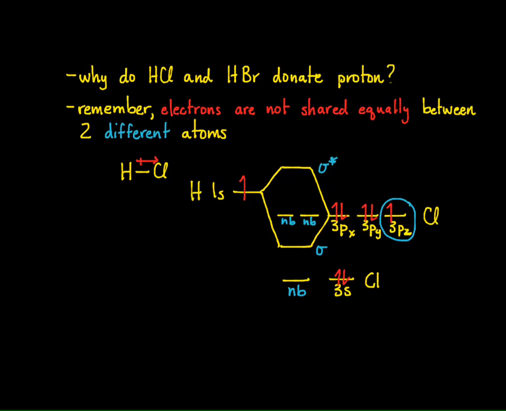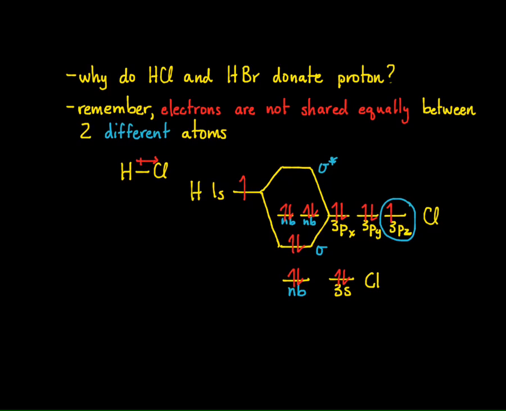Okay, so now I'm going to fill the electrons. I start with the non-bonding electron, right? And then I fill the sigma bond with 2 electrons, and now I have 4 electrons left, and they go into the non-bonding orbitals. And this is why, notice, for chlorine we typically show three pairs of electrons around it. That's from the non-bonding pairs of electrons.